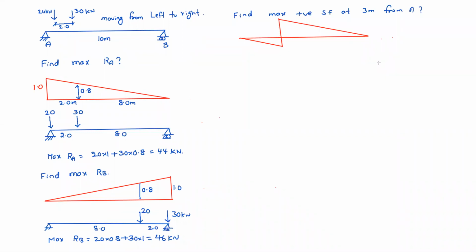Okay, negative, positive. The ordinates are like this: 3 meters, so 0.3, 7 meters, so 0.7. Okay.